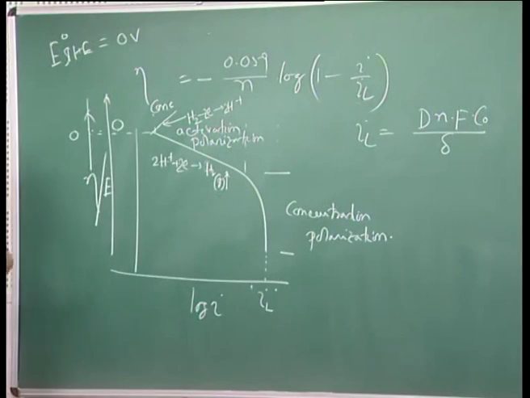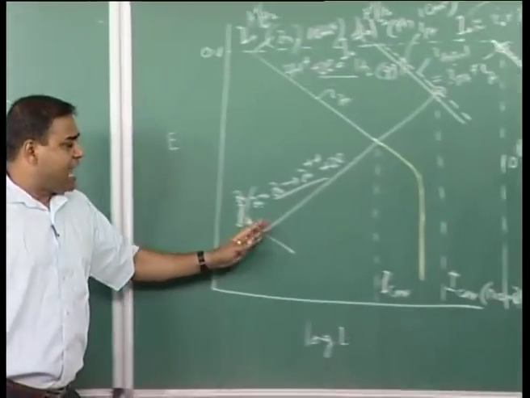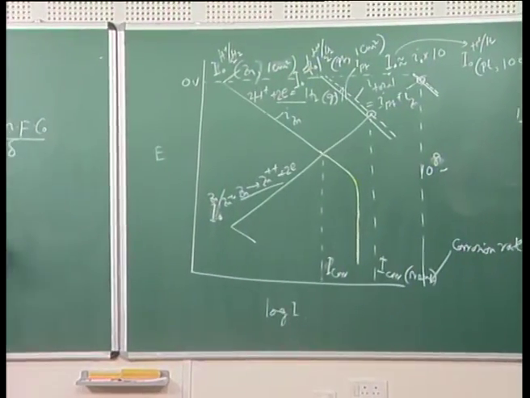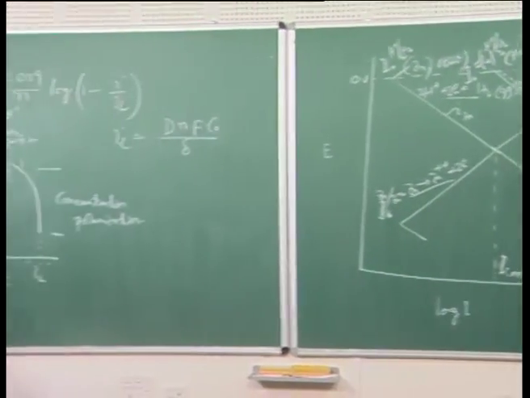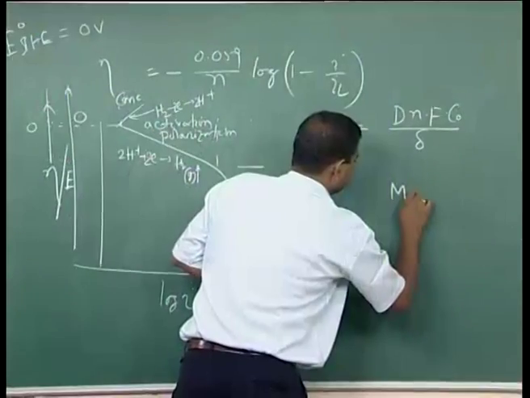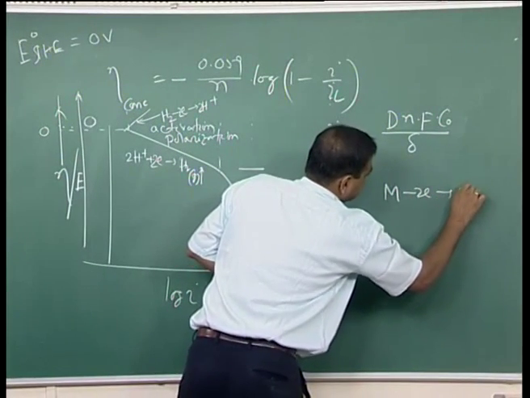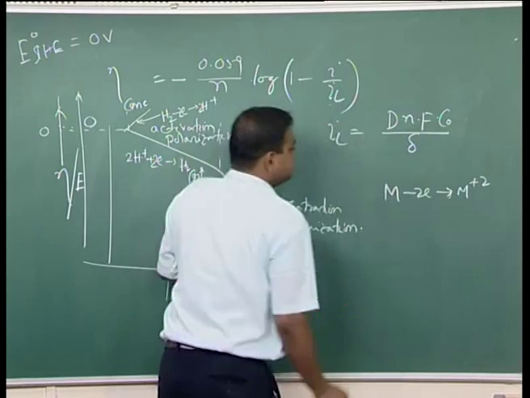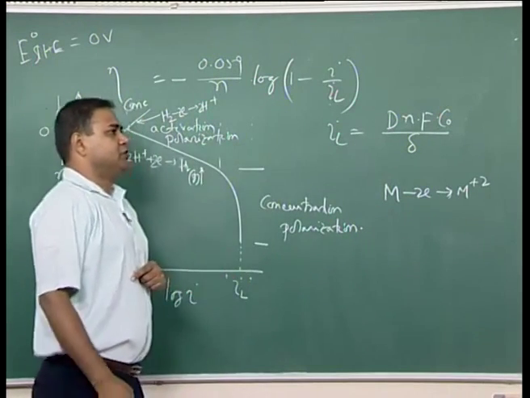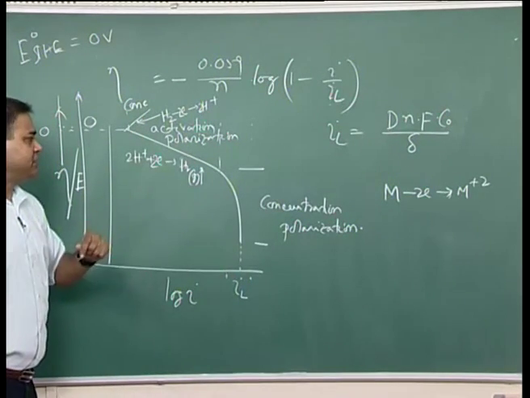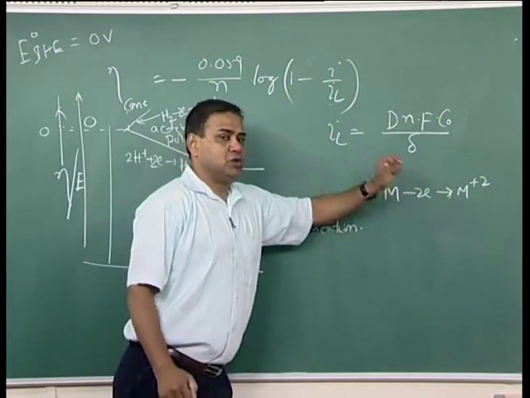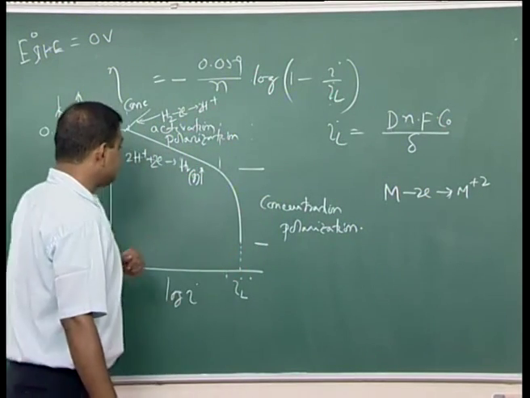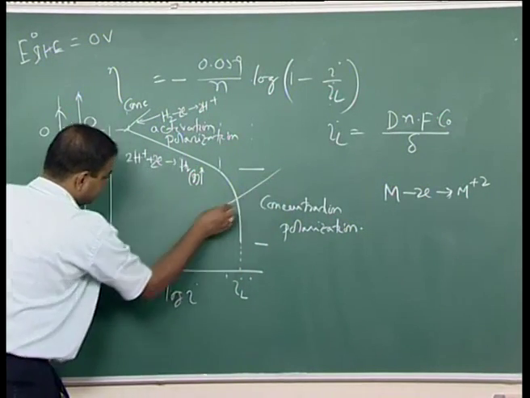Now, let us say I have another metal dissolution in the system. Let us say some metal M which is dissolving. This is my dissolution reaction. So, I have cathodic polarization, and I have metal dissolution. Now, let us say the situation is like this.